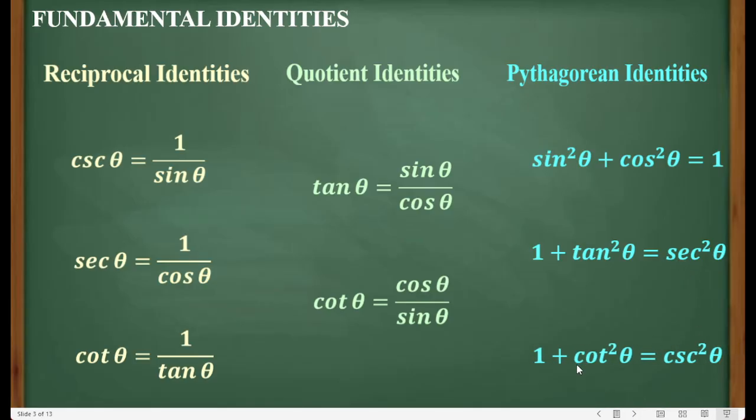And 1 plus cotangent squared theta equals cosecant squared theta. We need to keep these in mind because on the next slide, I'll be presenting some examples on how to prove identities, and we're going to apply these three groups of fundamental identities.